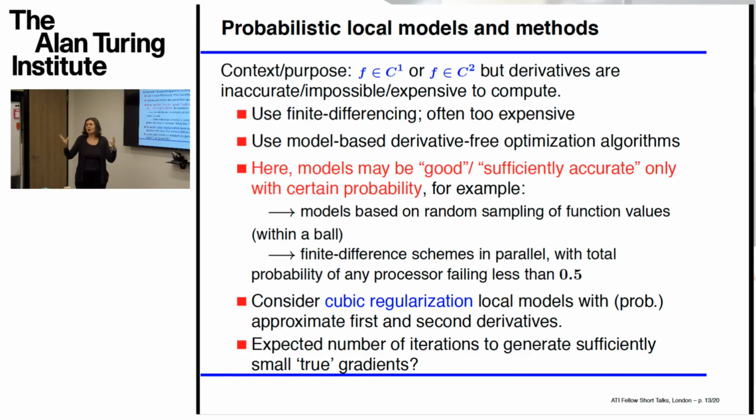And I compute them in parallel, and I send them to different processors to each compute a finite difference. Now, if some of these processors fail to return the finite difference to me, can I still continue with the algorithm? So ignore the failed processor and just keep going. The answer is yes. In fact, you can tolerate failure, provided your failure rate is less than a half, which is, I think, a pretty relaxed condition. You can continue with these methods. So I will talk about this kind of approach.